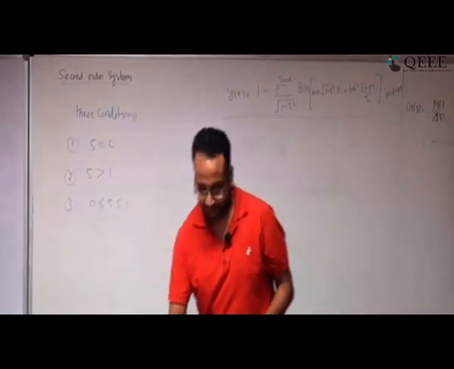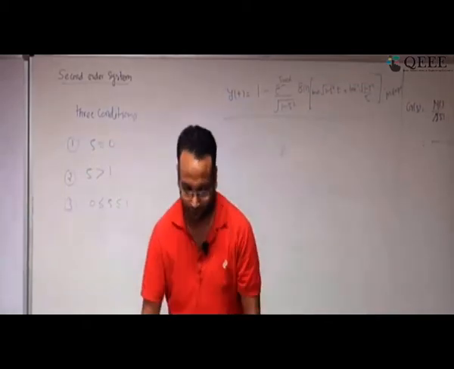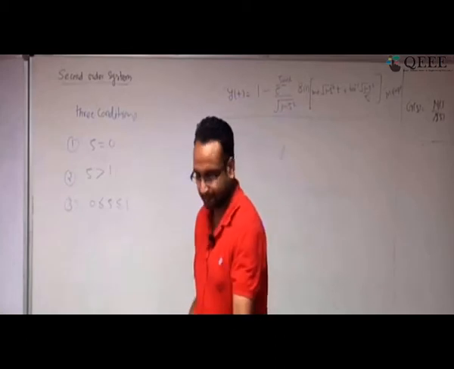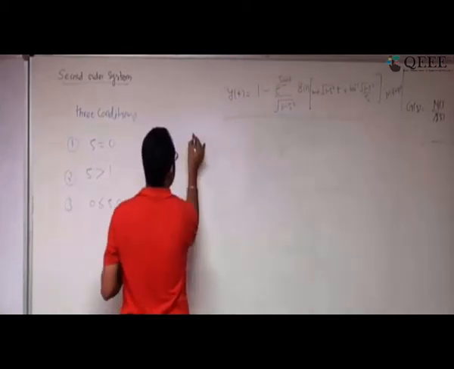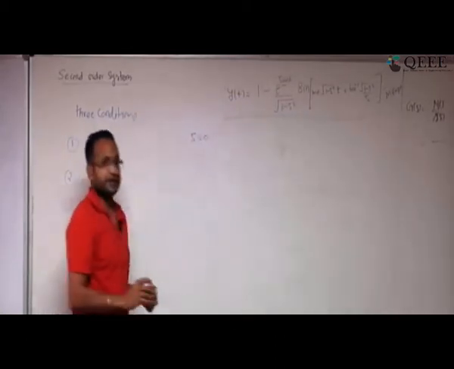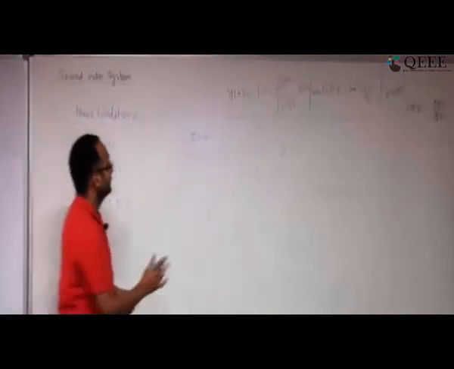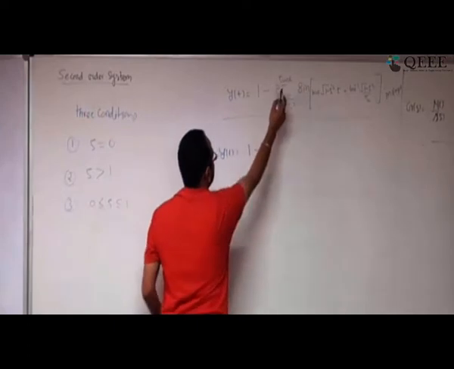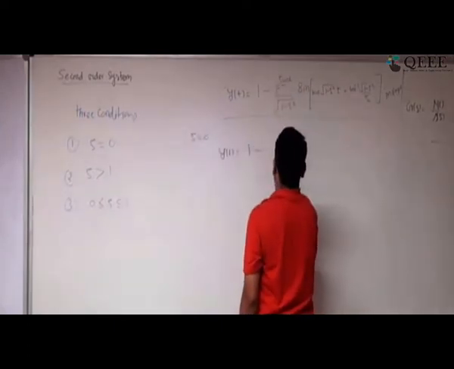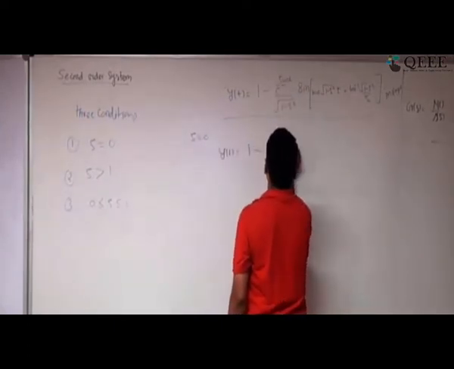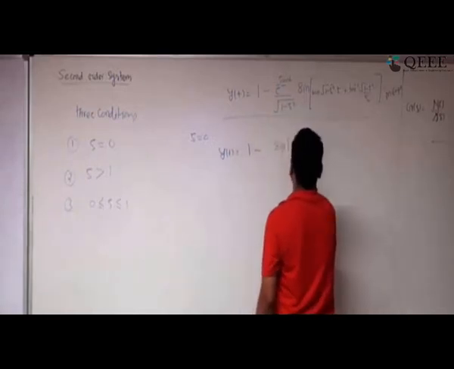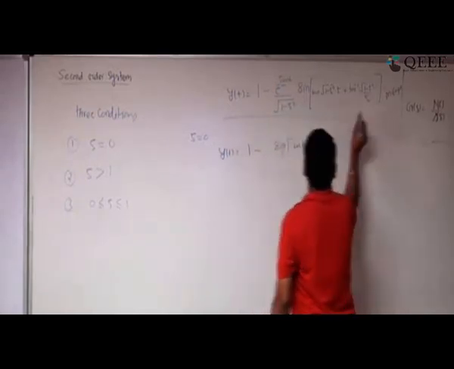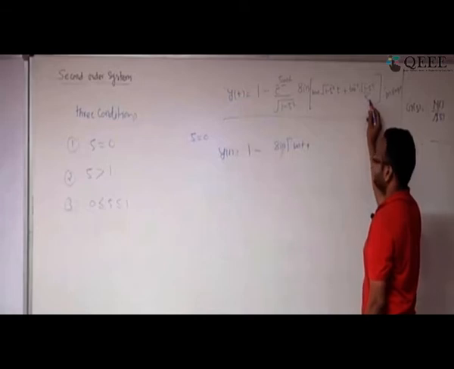Now, consider the case when zeta equal to 0. Okay. So plug in. When zeta equal to 0, what will happen? y(t) is going to be 1 minus, this term will be 0, this term will be 1, so it's going to be sine of omega_n t only. And if you solve it, with zeta equal to 0, something by 0 is infinity, so the phase is pi by 2.